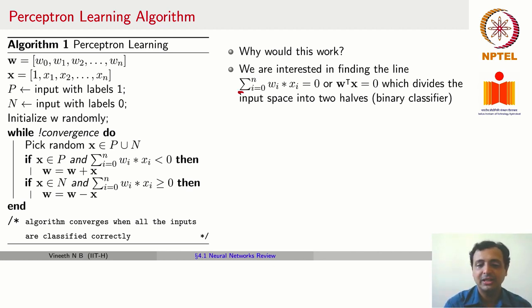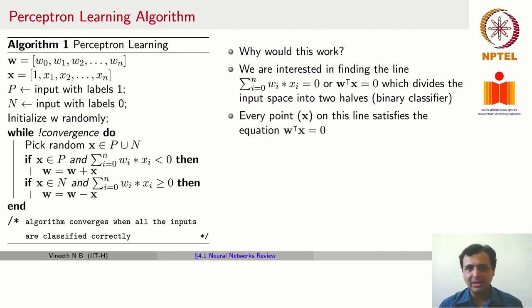And the line's equation is given by summation i going from 0 to n, wi xi is equal to 0. This line divides your input space into two halves. The half of inputs where the summation over wi xi will be less than 0 and the half of inputs where the summation over wi xi will be greater than or equal to 0.